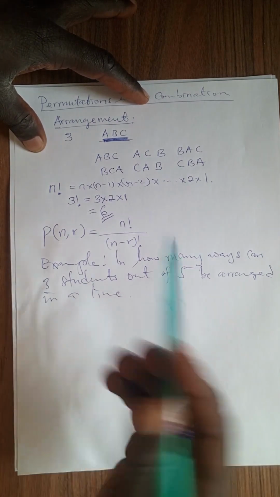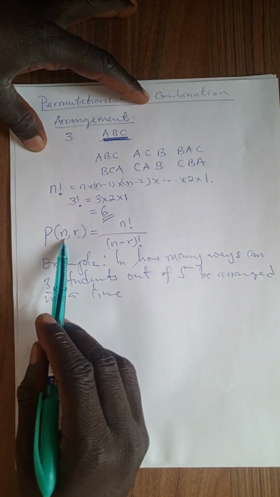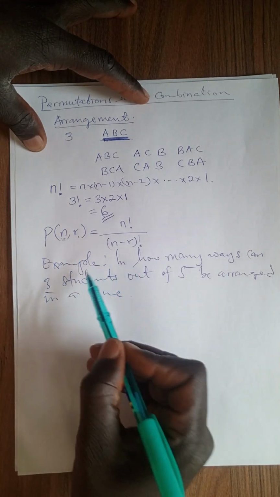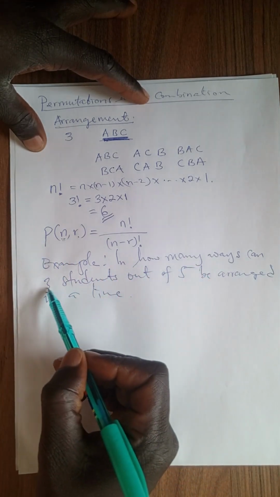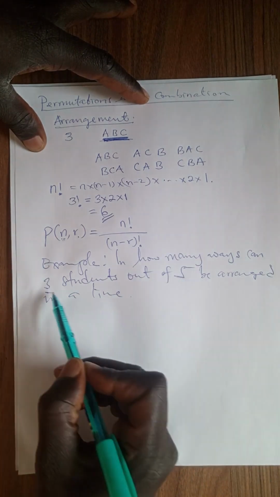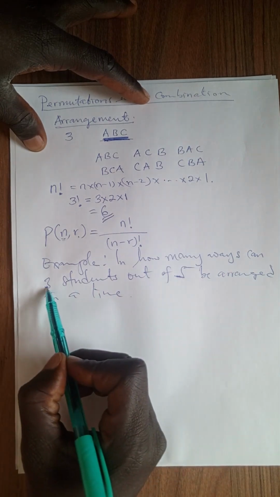So you look at it, this is n, this is r. Always n is greater than r. N is always bigger than r. So, 3 students out of 5: 5 is greater than 3, so your n is 5 here and your r is 3.